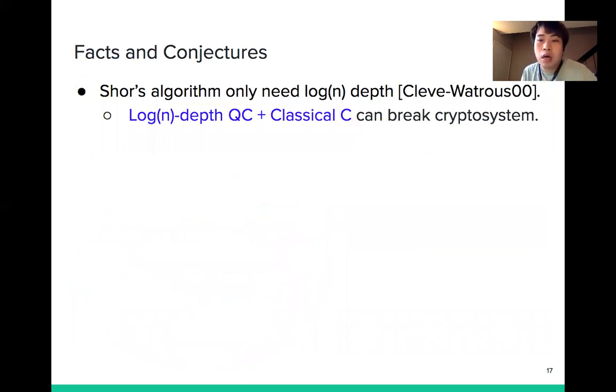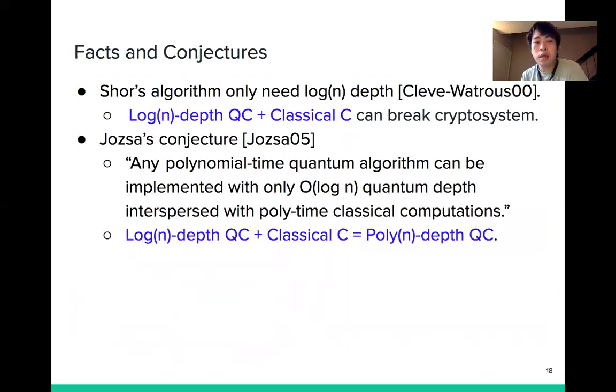First, Richard Cleve and John Watrous in 2000 proved that Shor's algorithm only needs log-n depth. So it implies that you only need a log-n depth quantum computer plus a classical computer to break cryptosystems. After that, Richard Jozsa in 2005 conjectured that any polynomial time quantum algorithm can be implemented with only log-n quantum depth interspersed with polynomial time classical computation.